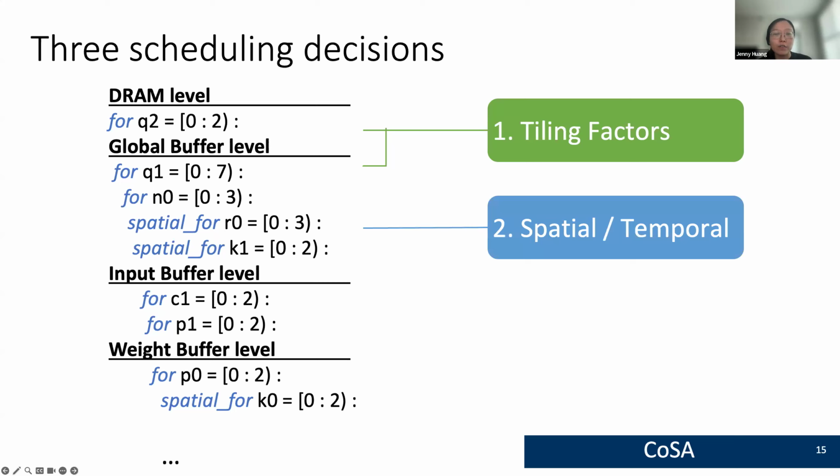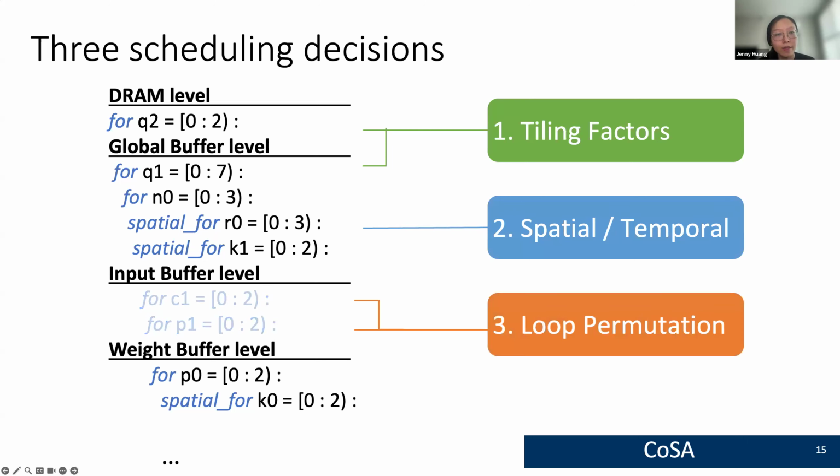Next, we have the spatial and temporal decision, which indicates whether a loop tile should be mapped for spatial or temporal execution. And lastly, we have loop permutation to specify the ordering of different ranks in each level of the loop nest, which will affect the overall data flow and the reuse pattern, and consequently affect the overall traffic.